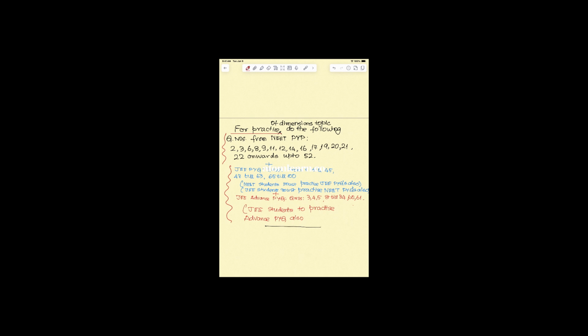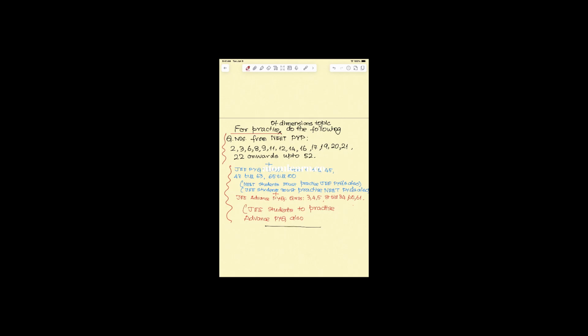Therefore, it will be useful to you if you practice the JEE questions also, especially because the number of questions available in past exams for the JEE is much more compared to NEET, because they have so many sessions. Therefore, you will have ample choice of practice questions to work out.